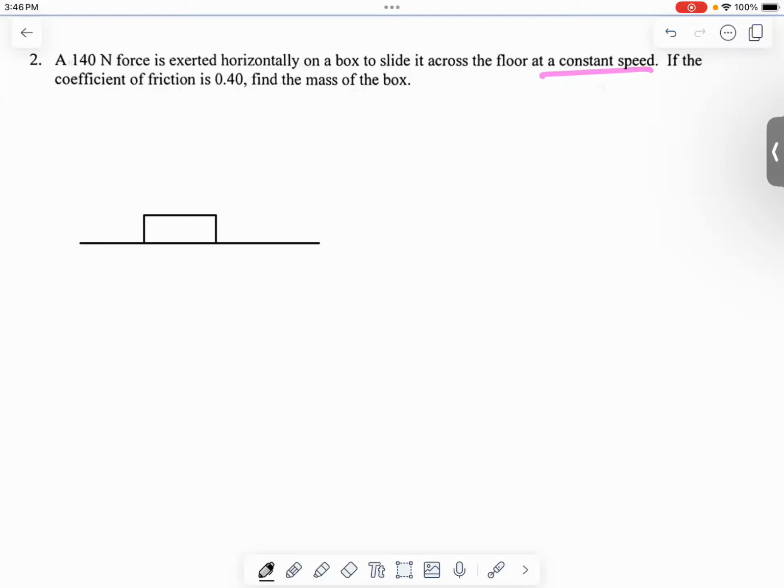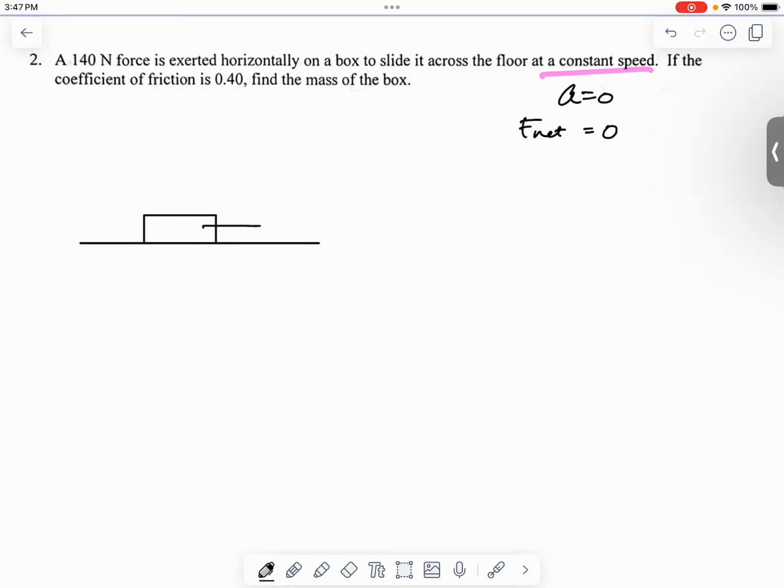What do we say? No acceleration, and therefore, what else is zero? F net is zero. Okay, so in the direction of the motion, F net must be zero.